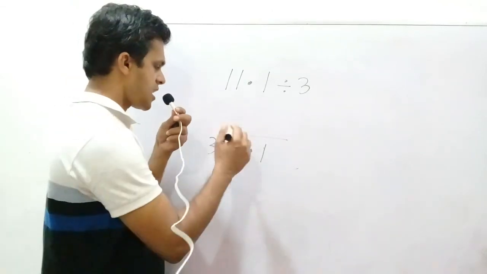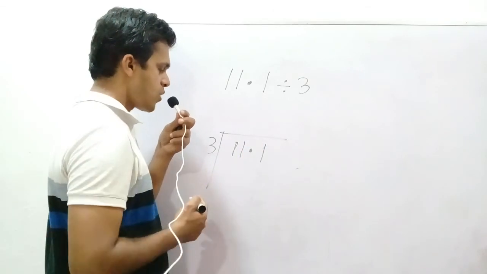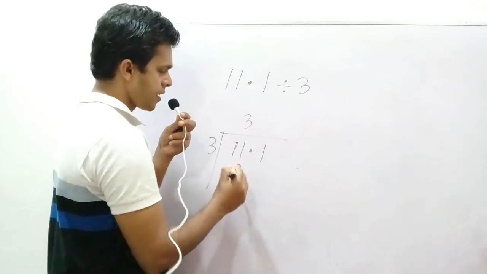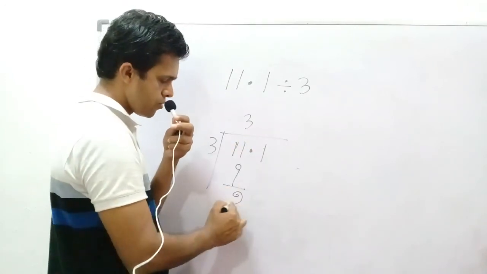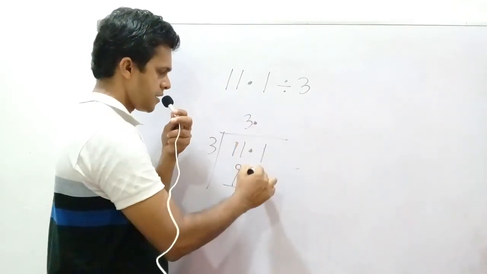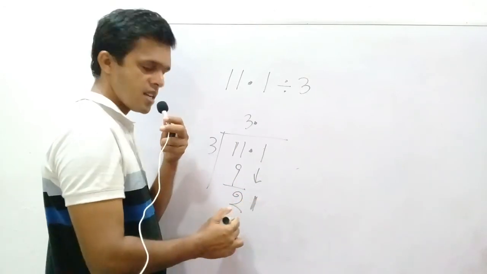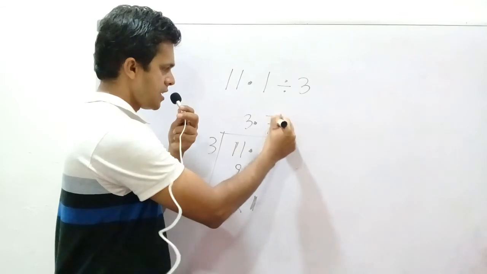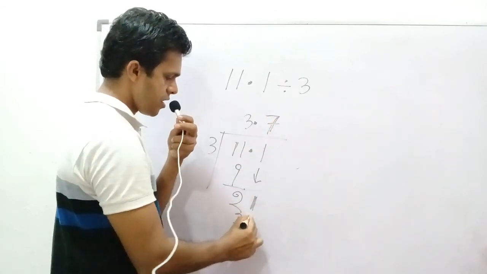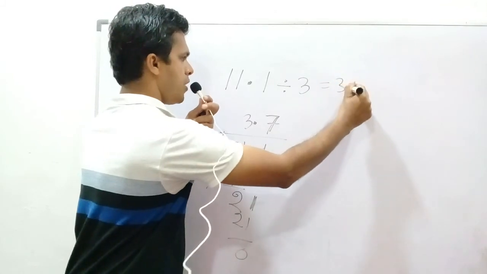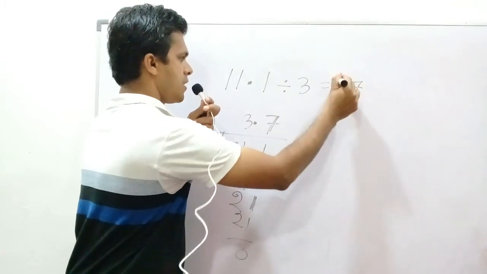That one cannot be taken because 12 is greater than 11. So 3 times 3, 9. 11 minus 9, 2. Decimal point. In 21, how many 3 times? 7. 3 times 7, 21. So the answer is 3.7. Okay.